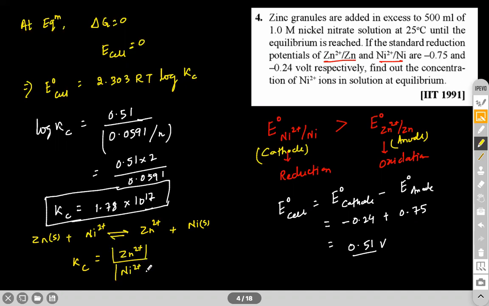Concentration. Okay, so if it is 1, 0, so 1 minus x, we can write x by 1 minus x. This we can solve for x by substituting the value of Kc.